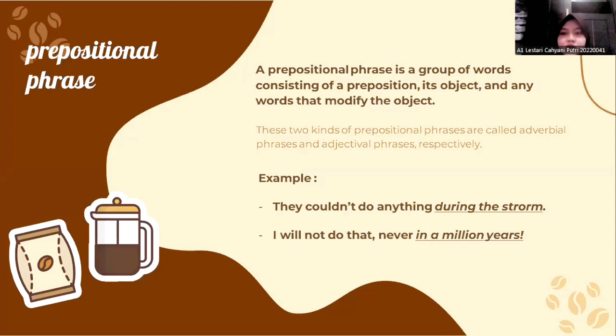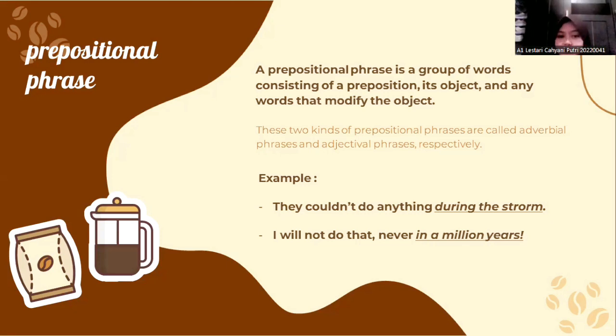And the last chapter is prepositional phrase. A prepositional phrase is a group of words consisting of a preposition, its object, and any word that modifies the object. The prepositional phrase has two kinds called adverbial phrases and adjectival phrases.